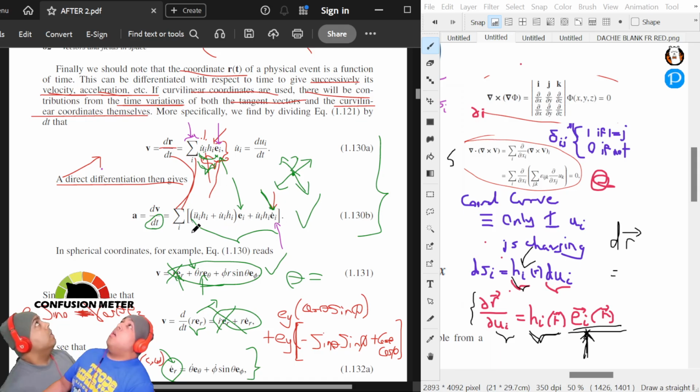You have a number, and then a unit vector, and then you add another number here, and this is de/dt.